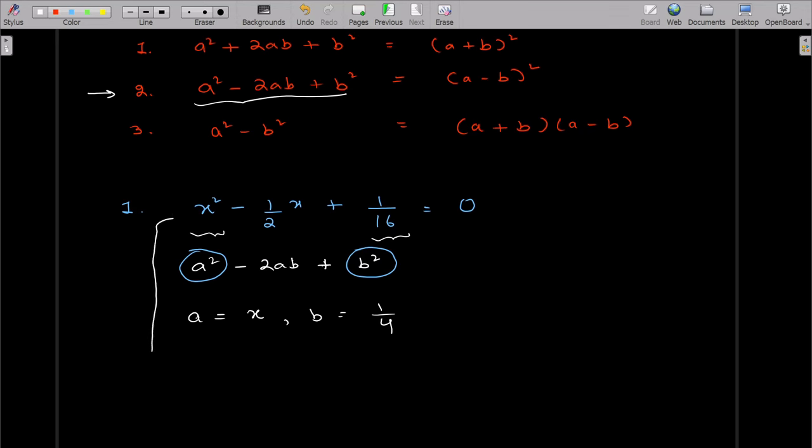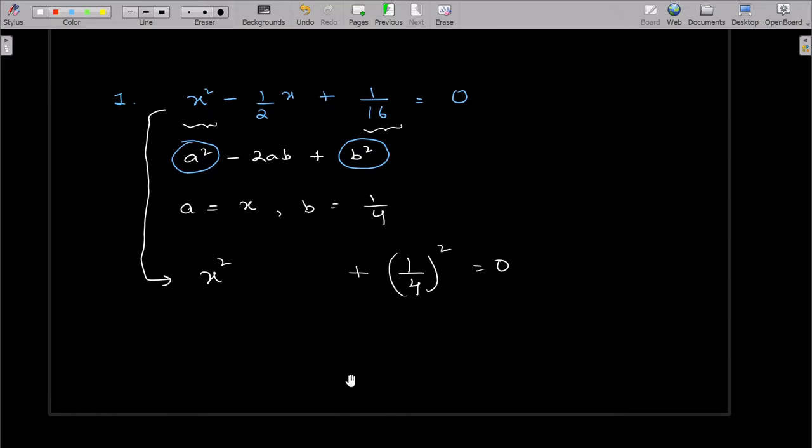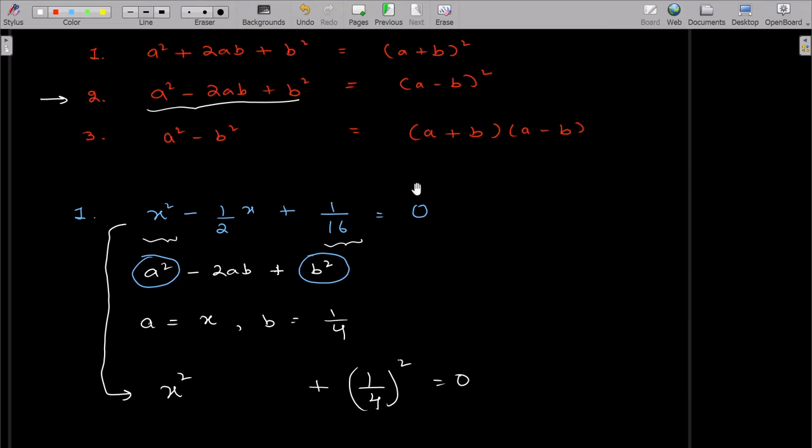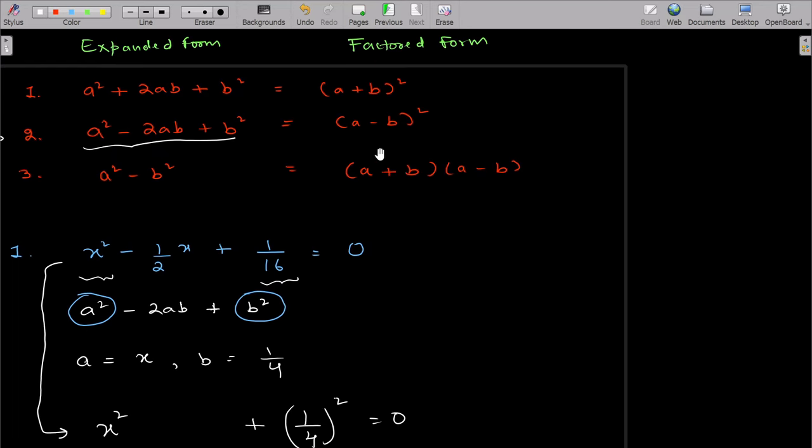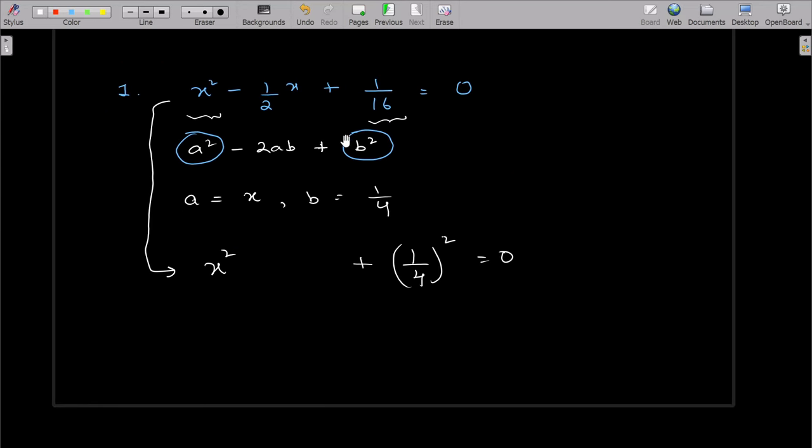You can rewrite this equation as x square, and I'm skipping the second term, and the last term you can write it as 1 over 4 whole square. We can do this, right? And then before applying this identity, like before writing the right hand side, always check, are you getting the second term as well?